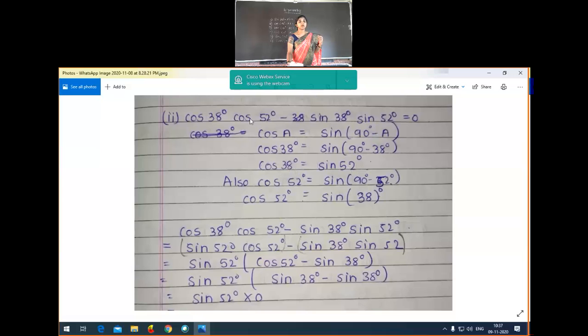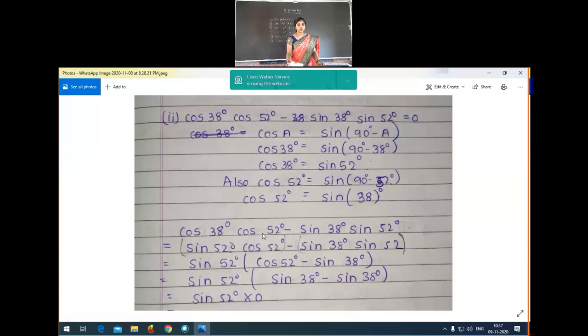Also, now take cos 52 value. Cos 52 we can write as sin 90 minus 52. Then cos 52 is equal to sin 38. Here cos 38 value is equal to sin 52, then cos 52 is equal to sin 38. Now take this original expression: cos 38 into cos 52 minus sin 38 into sin 52.